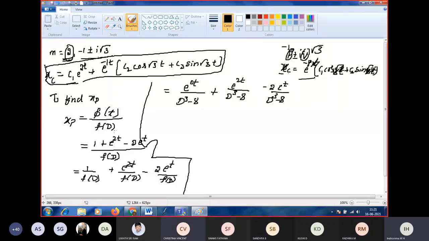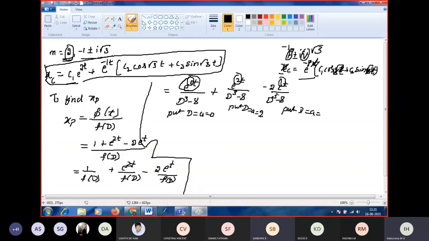So now the numerator is of the form e power at. If the numerator is e power at, in the denominator put d equal to what? A. A is 0. Okay, put d equal to a. A is 0. Next here, put d equal to what? What is a here? The second term, what is a? 2.